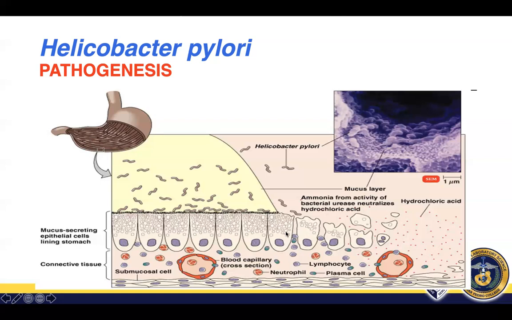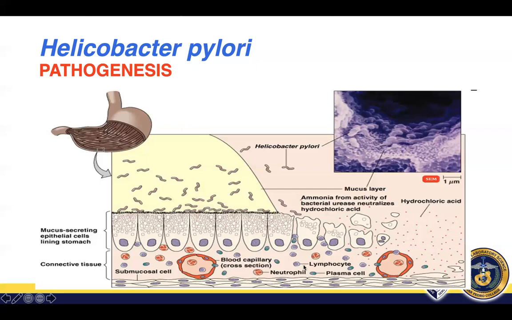It produces proteases and ureases and causes damage to the mucus-secreting cells. When these cells are damaged, they can no longer produce mucus. Remember, mucus is a very important covering of this epithelium to protect it from the effects of the acids found inside the lumen.